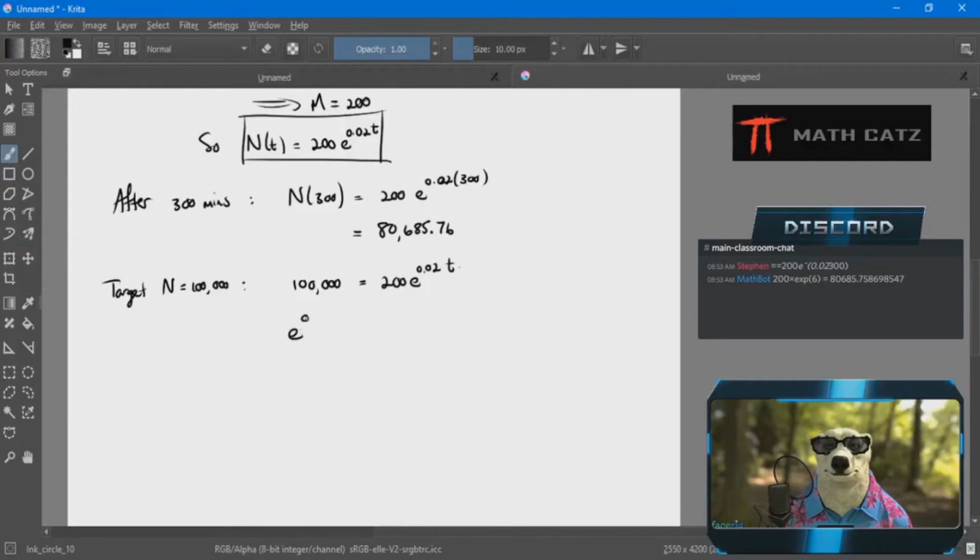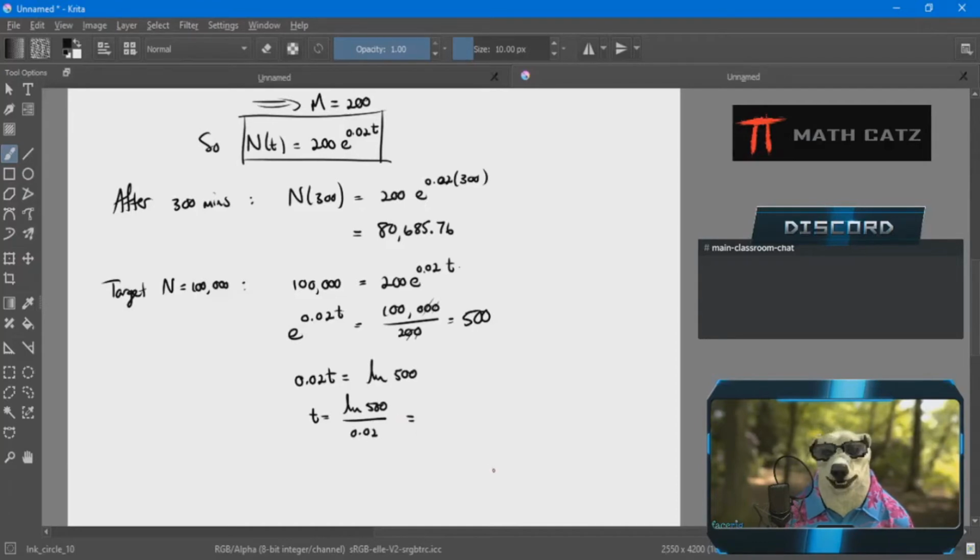So e to the 0.02t equals 100,000 over 200, which you can leave like that, or you can simplify it. In this case, it's going to be 500. So that means that 0.02t equals natural log of 500. So t equals log of 500 over 0.02.